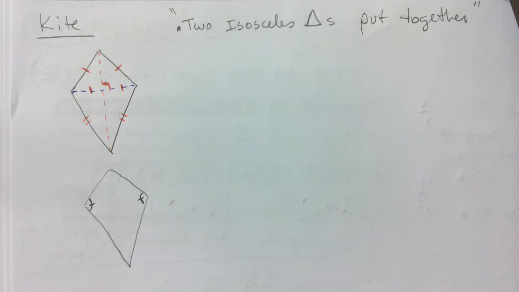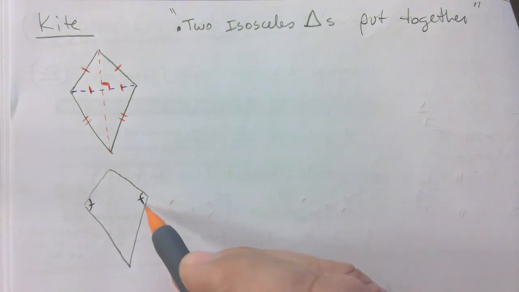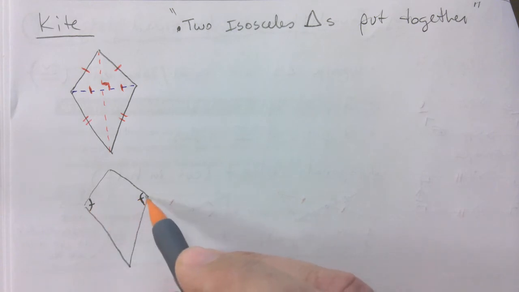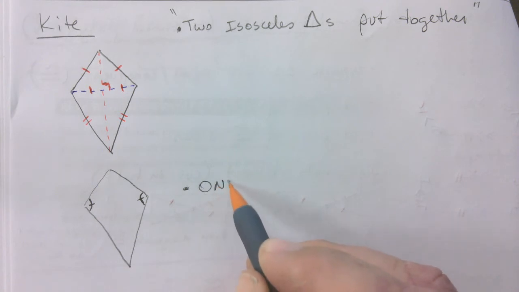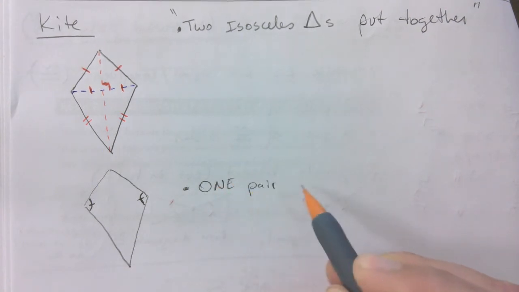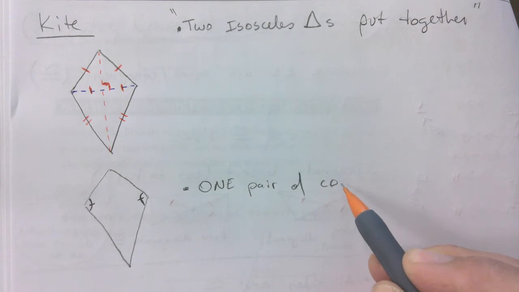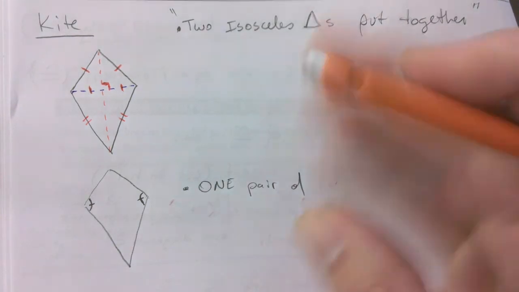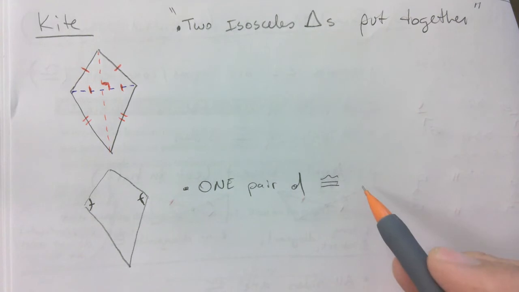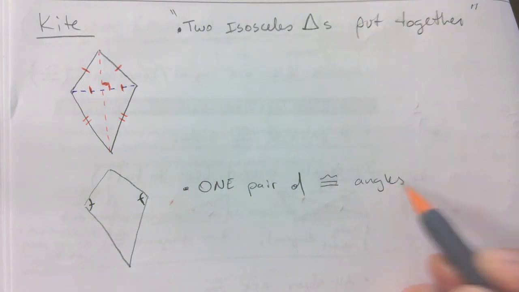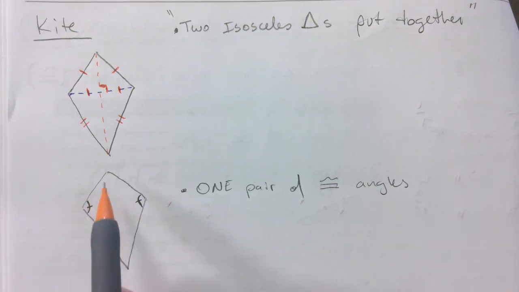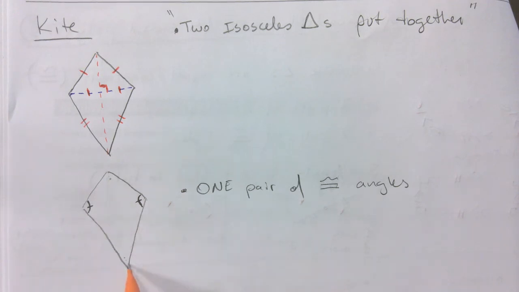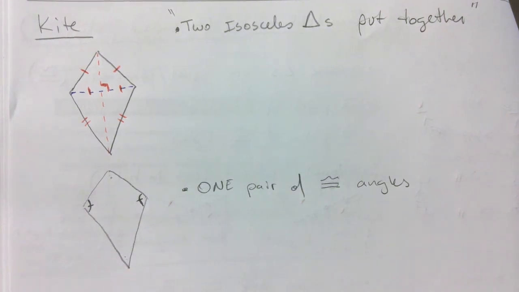Right? So a kite, these are the only ones, right? Congruent. Okay, so I'm going to say one pair of congruent. You don't want to write congruent, right? So I'm going to just do this. Congruent angles. These two are not congruent. Okay, these two are not. But later on we'll figure that out.